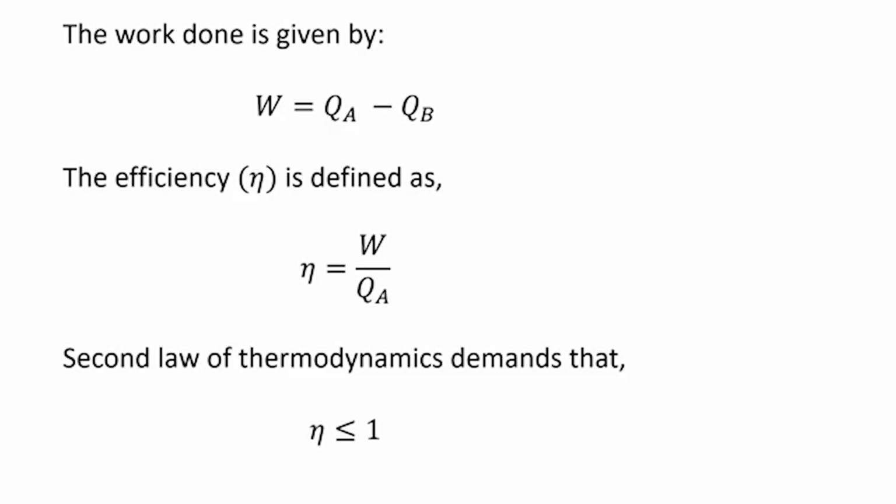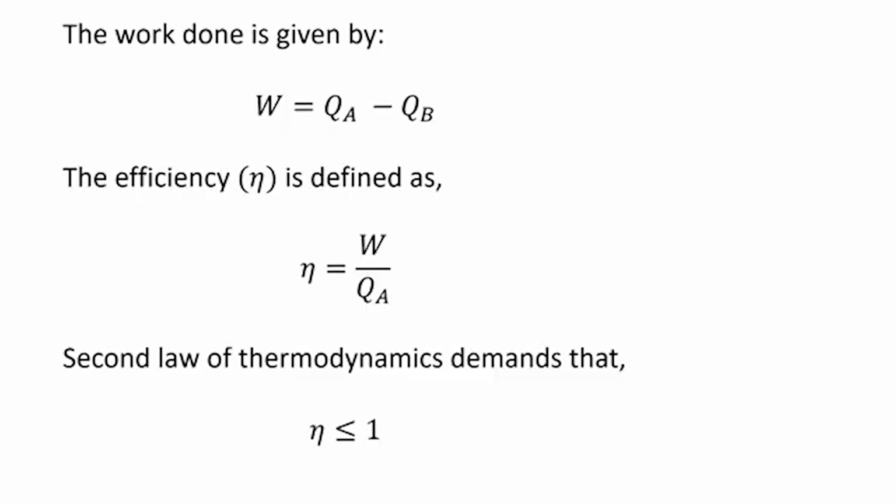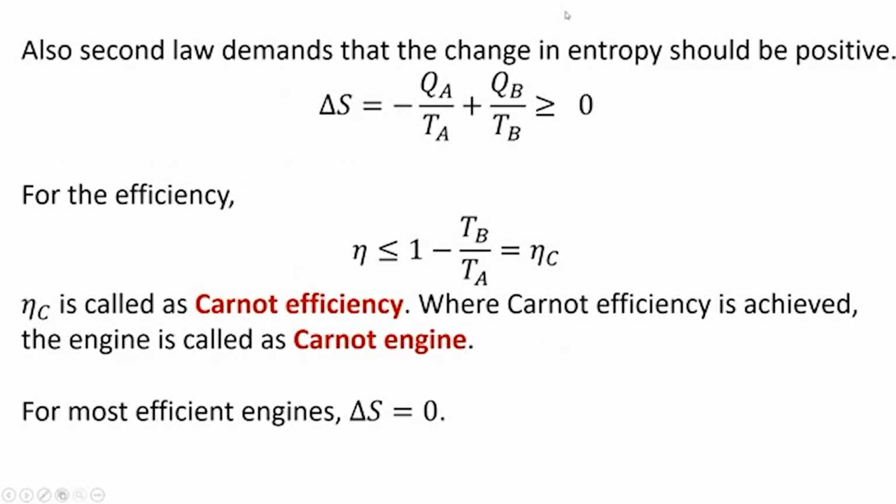And we know that the various statements of the second law of thermodynamics demand that the maximum efficiency has to be 1, and it cannot actually attain an efficiency of 1 in all practical cases. So, eta, the efficiency, should be less than or equal to 1, and in practical cases less than 1.